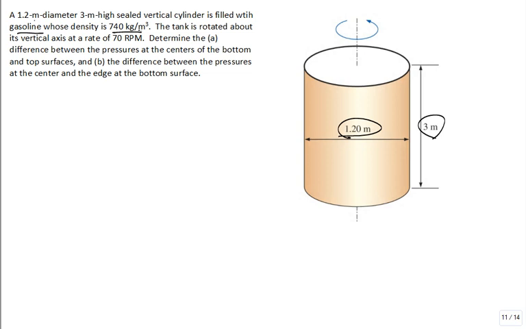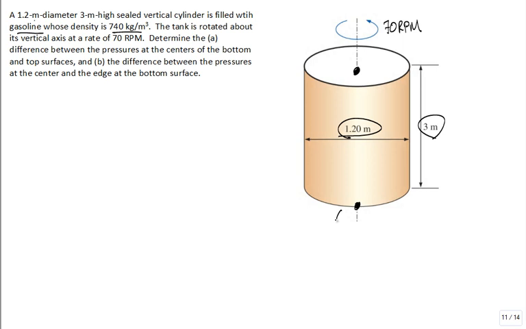There's a solid surface at the top and bottom of that cylinder that seals it. The tank is rotated around the vertical axis at a rate of 70 revolutions per minute. Determine the difference between the pressures at the centers of the bottom and the top surfaces. So along the center line, go from the bottom to the top.